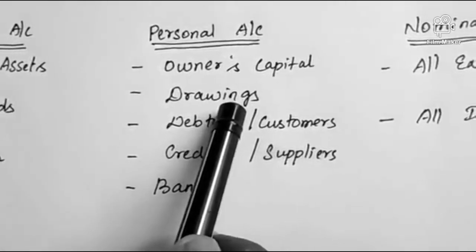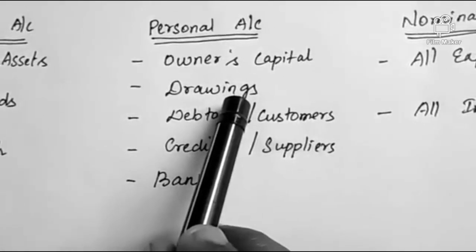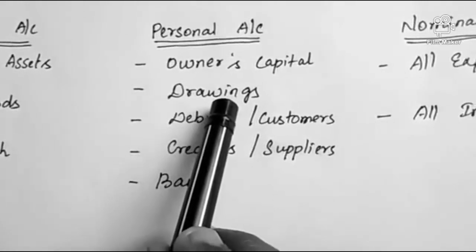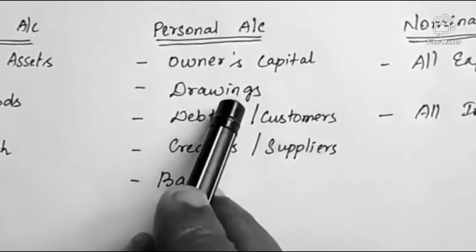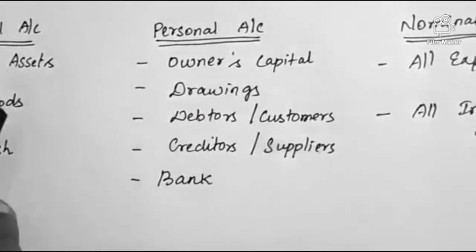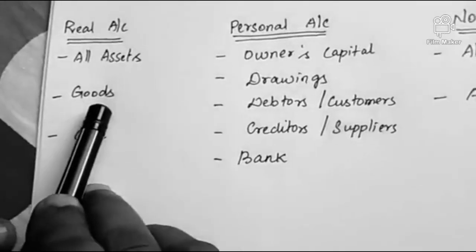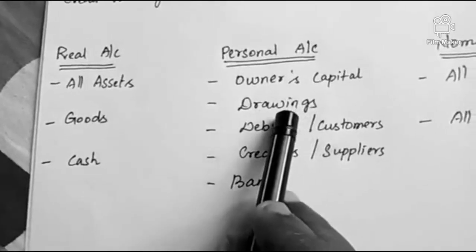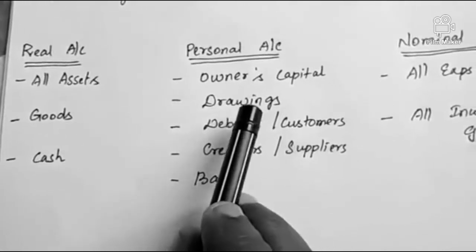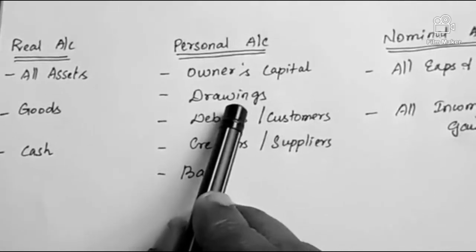If he takes a check from the business, the entry is drawings account debit to bank. If he takes some goods, meaning goods purchased for business purposes, out of that the proprietor takes some goods for personal purposes, the entry is drawings account debit to purchase.